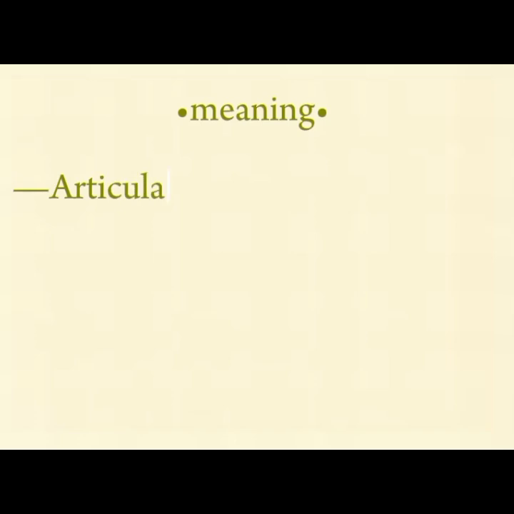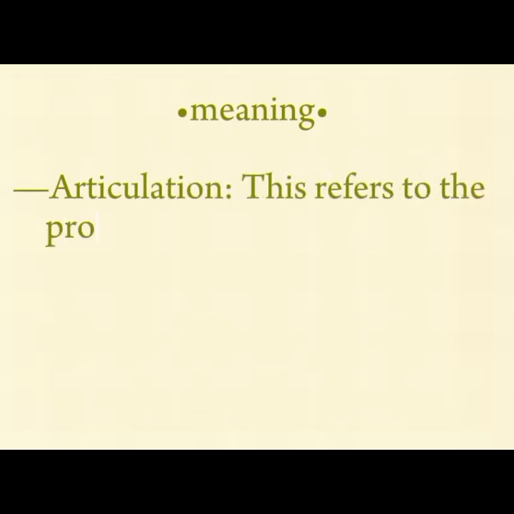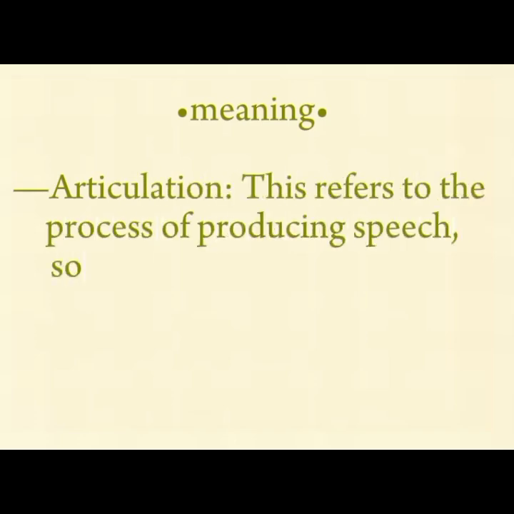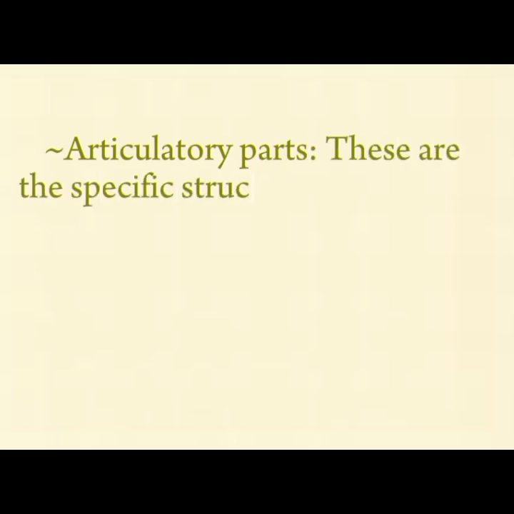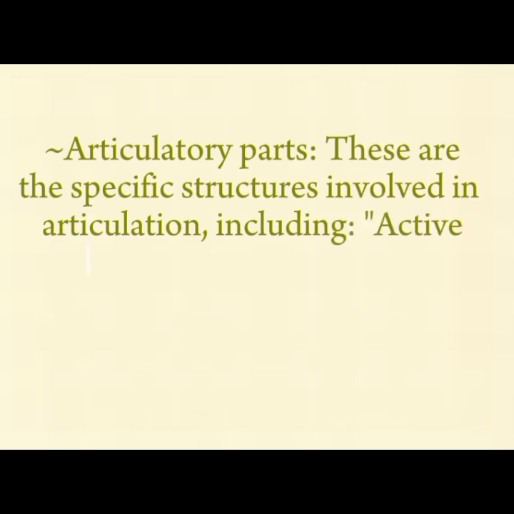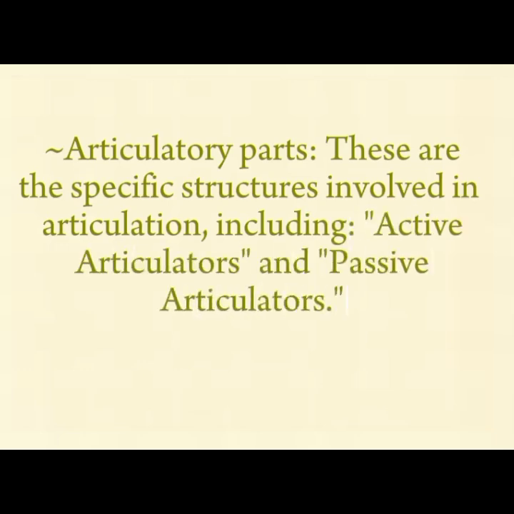Meaning, articulation refers to the process of producing speech sounds by manipulating the articulatory parts. Articulatory parts are the specific structures involved in articulation, including the active articulators and passive articulators.